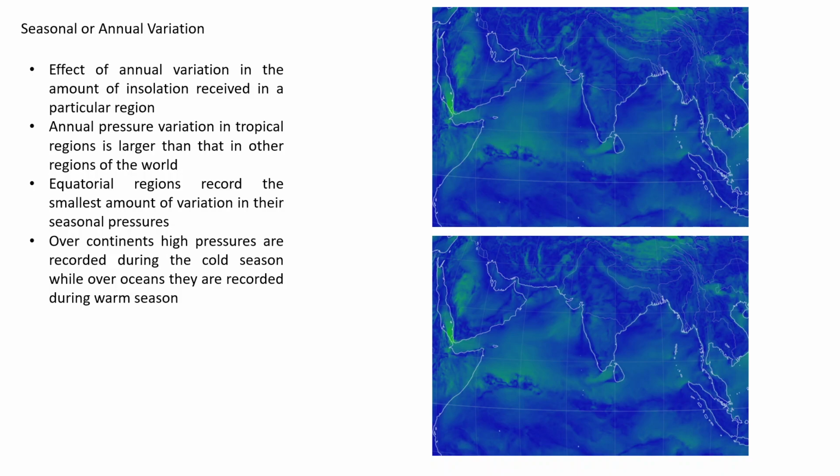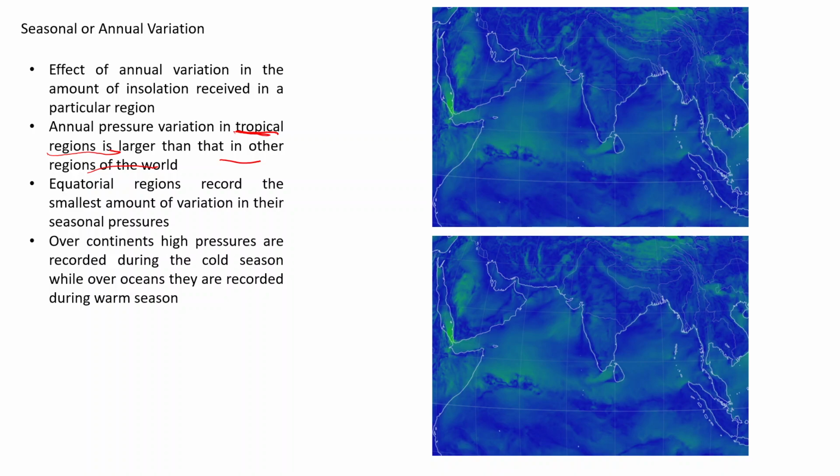Annual pressure variation in tropical regions is larger than in the other regions of the world. Why does this happen? This happens because if you remember, we had seen that during the solstices, it is the tropical latitudes which receive maximum insolation rather than the equatorial latitudes.